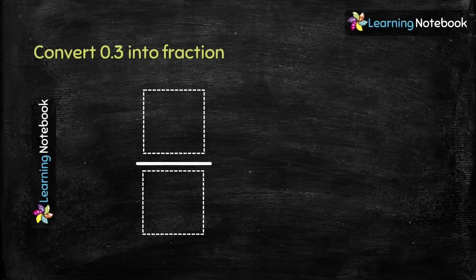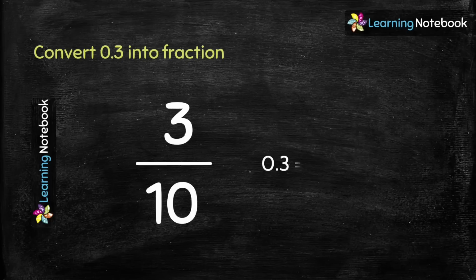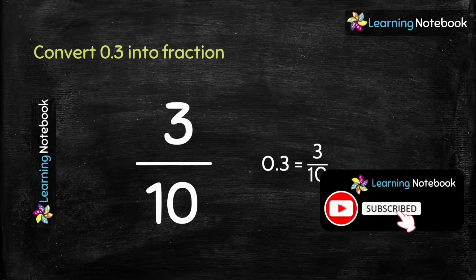So students, first let's write the numerator, which is 3. Now this decimal number has only one decimal place, so its denominator will be 10. So we have converted 0.3 into fraction 3 by 10.